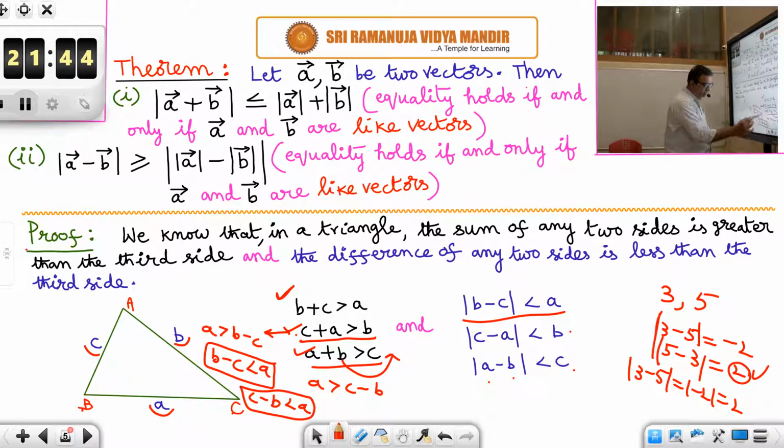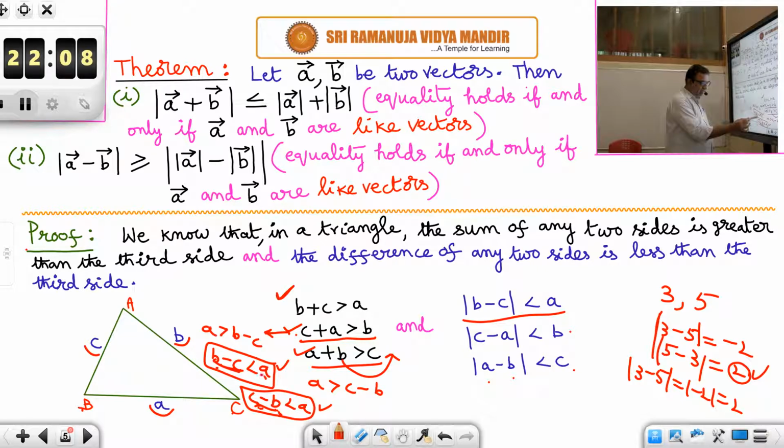Take these two now. This one and this one. b minus c less than a. c minus b less than a. Out of b minus c and c minus b, one is positive, other one is negative. Negative number less than a is always true, since a is positive. But whichever is positive is also less than a.